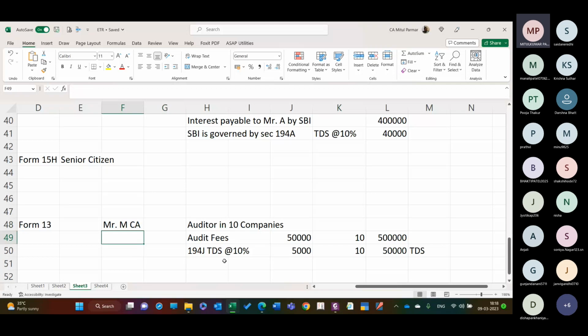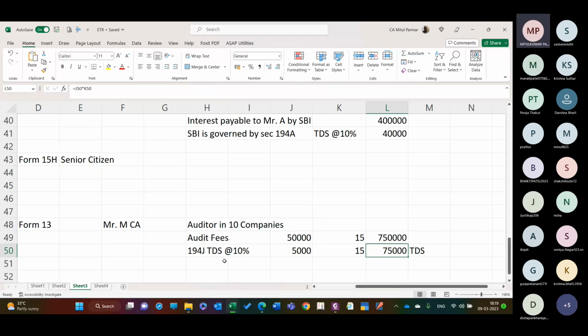Suppose this will happen every year. Suppose in the next year, he becomes an auditor of 15 companies. So the 15 companies will deduct the TDS. On 7.5 lakh again, he can make investments in housing loan interest, 80C deductions, or medical insurance premium, and he may or may not be required to pay the tax.